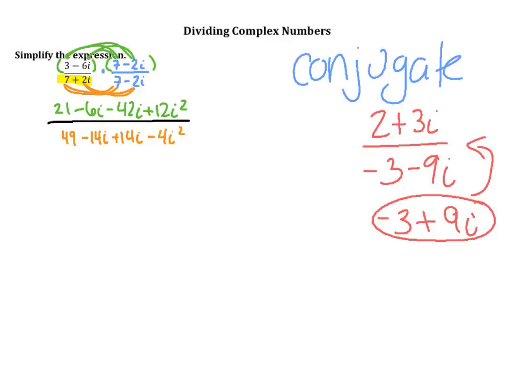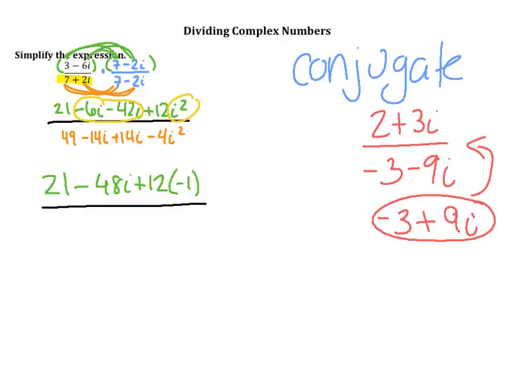Now I need to simplify everything. So for the top, I realize that I can combine like terms here, and I have an i squared. So on the top, I'm going to have 21 minus 48i plus 12 times negative 1.